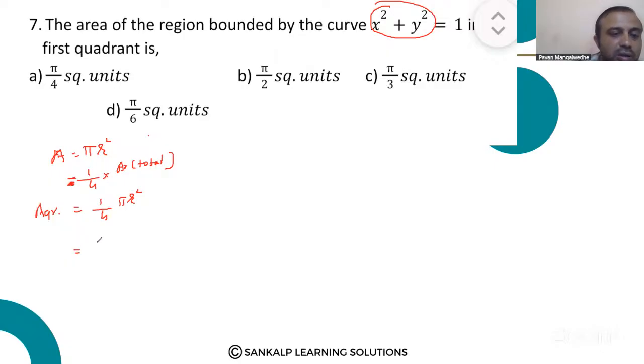So that is 1 by 4 pi into 1 square, which is nothing but pi by 4. So option A is the correct answer. Go to the next question.